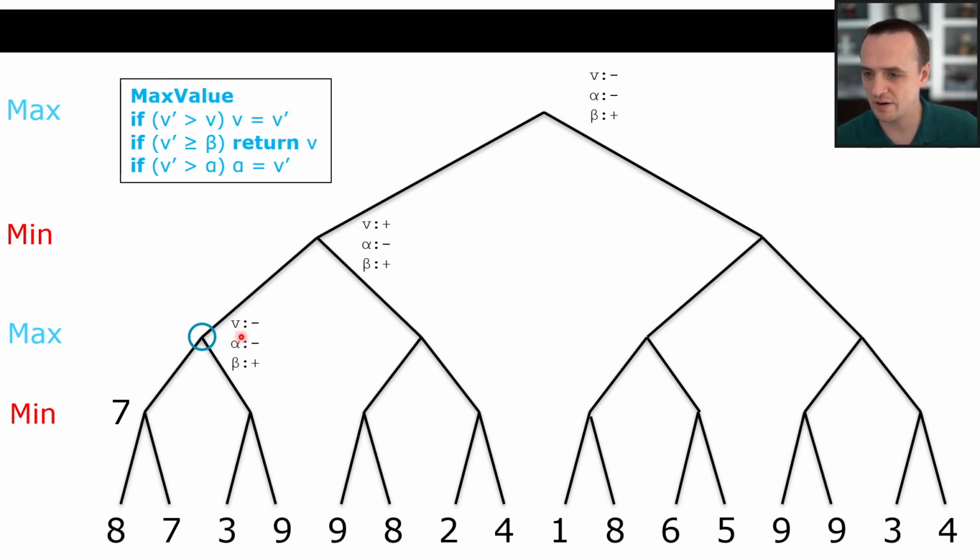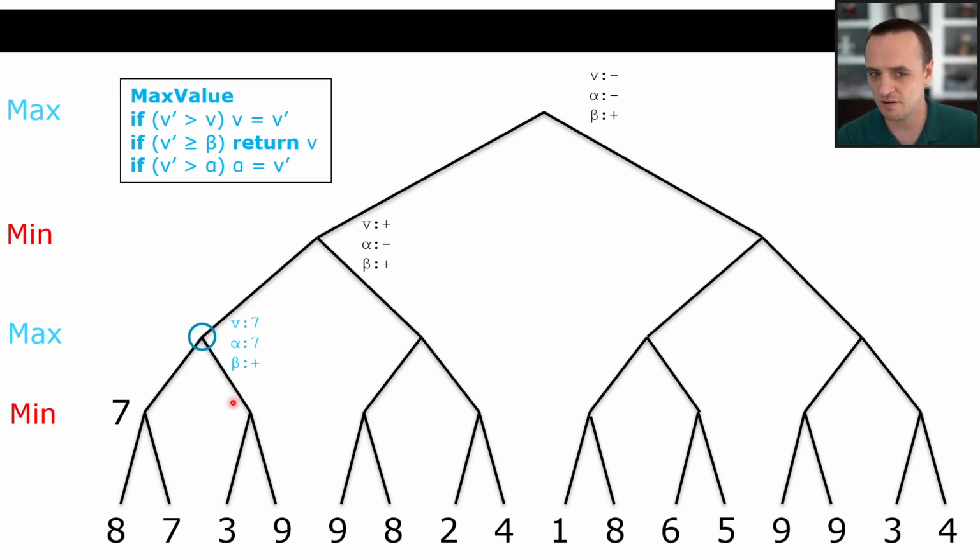So is it greater than minus infinity? Yes, it is. Okay. Is it greater than or equal to beta? Beta is positive infinity. No, it's not. Is it greater than alpha? Well, alpha is currently negative infinity, so yes, it is, right? So that's what we set. This is the result of applying this with 7 to our current values.